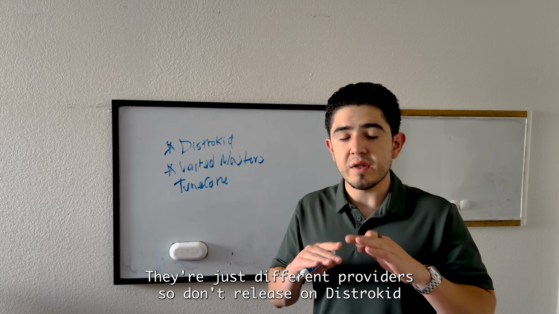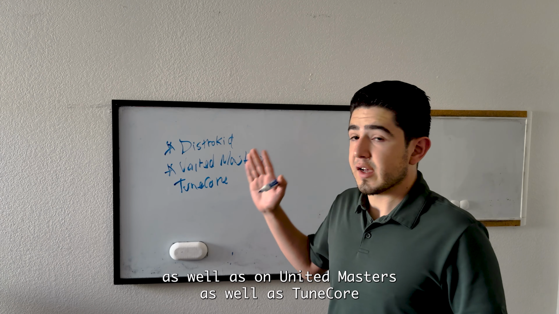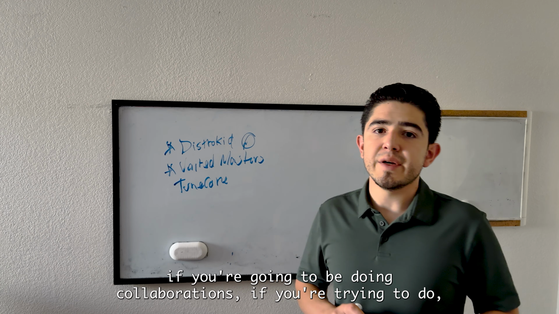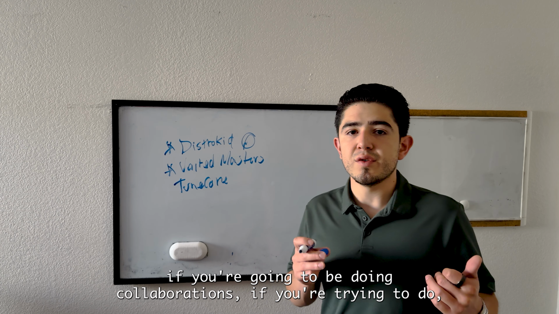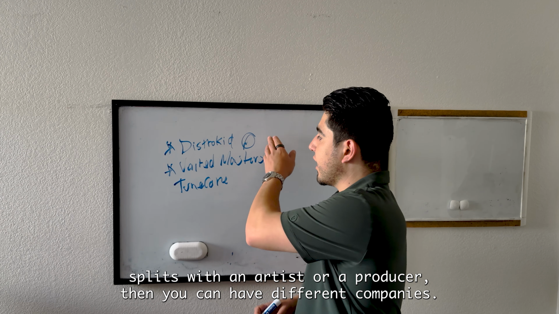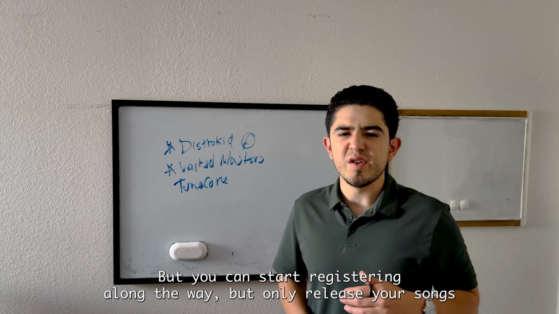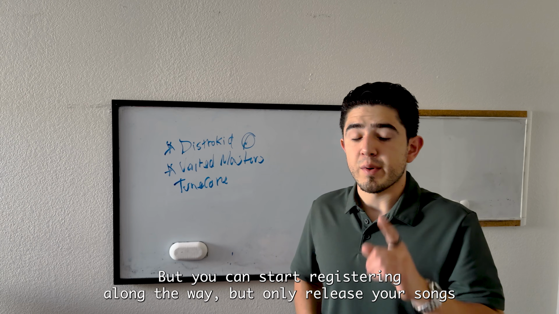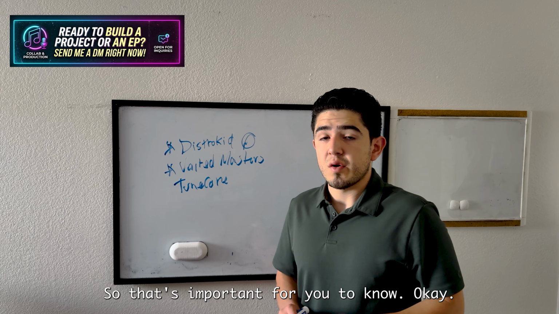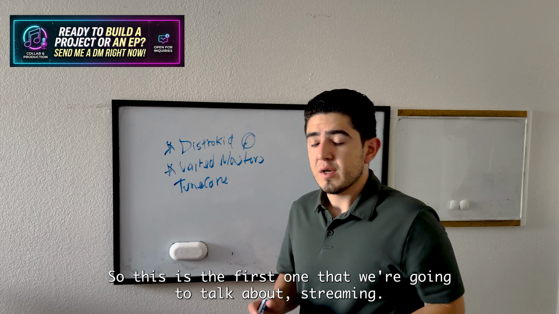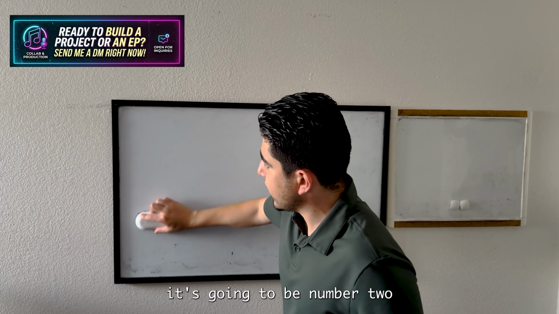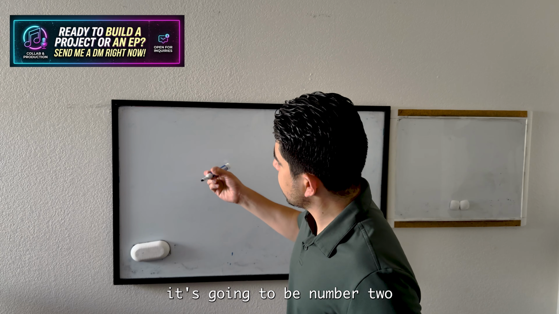So don't release on DistroKid as well as on United Masters as well as TuneCore. If you're going to be doing collaborations, if you're trying to do splits with an artist, a producer, then you can have different companies, but you can start registering along the way, but only release your songs on one. So that's important for you to know, okay? So this is the first one that we're going to talk about, streaming.